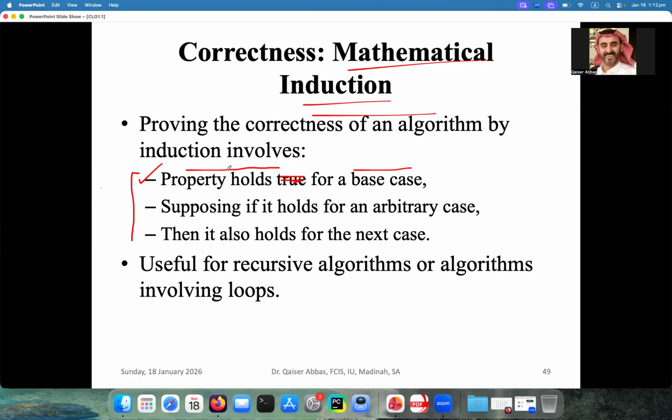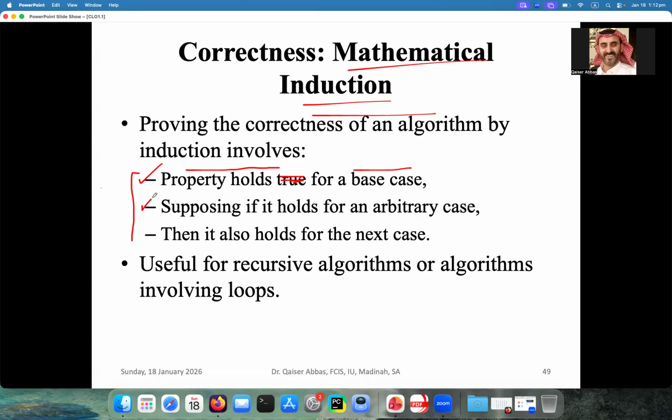Whatever the problem given to you, whatever the initial state of that problem, you will put the initial value into that, and then you will show that the problem is producing the correct result for that. That would be your base case.